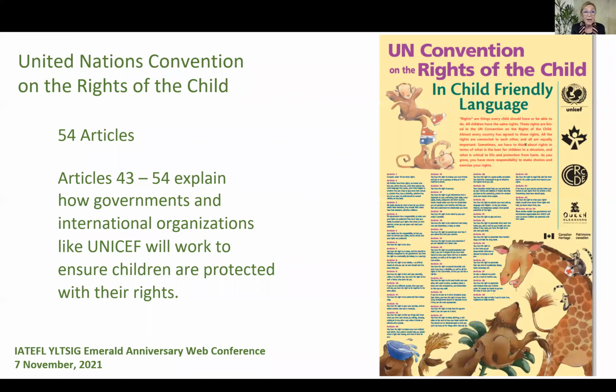So as I said earlier, there are 54 articles, and this is a child-friendly version of the convention, and it was developed in 1989. So it's been in existence for just over 30 years now.